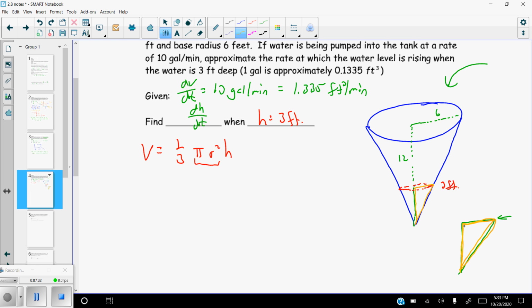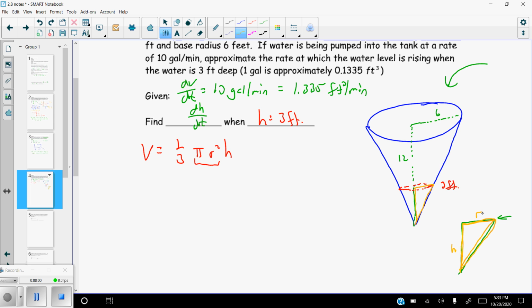All right, so what I do know is that if they are similar right triangles, they're proportional to each other. So the orange triangle is proportional to the big green triangle. Okay, that's one of the properties of similar triangles. So what I know is that this represents the height, this represents the radius. So if they are similar, if they're proportional, it means the ratios of each piece is going to be equal to the other one.